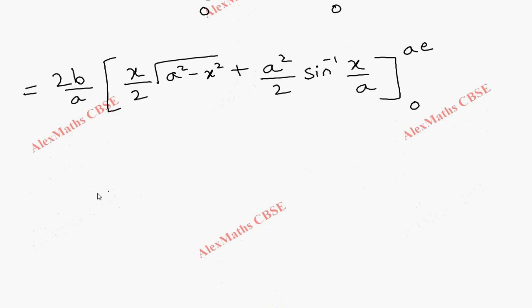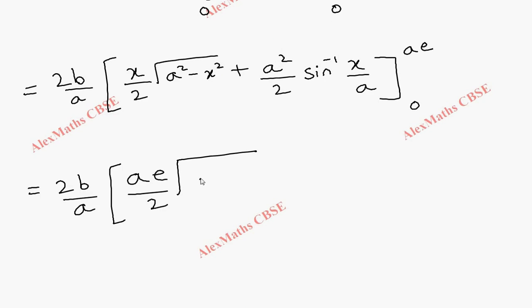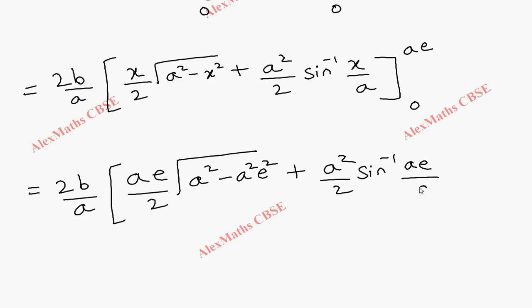We are going to substitute ae, the upper limit, in place of x. So this is ae by 2 root of a square minus ae whole square is a square e square, then plus a square by 2 sine inverse ae by a. So we have substituted the upper limit.